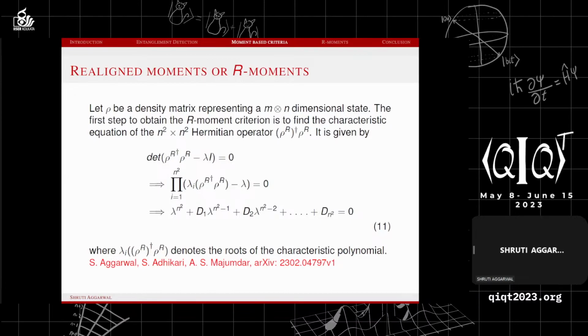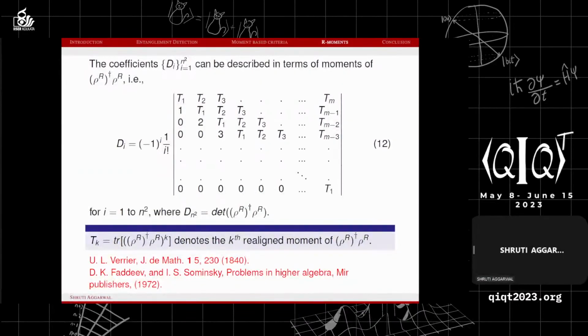Now using the Newton polynomials, these coefficients can be written in the form of the moments of the matrix rho R dagger rho R, and tk equal to trace of rho R dagger rho R to the power k is how we define the kth realigned moment.